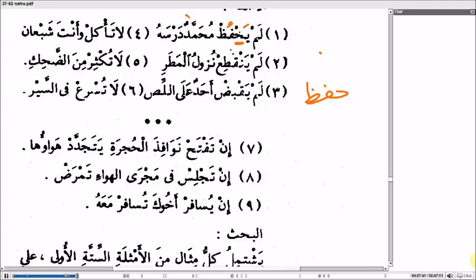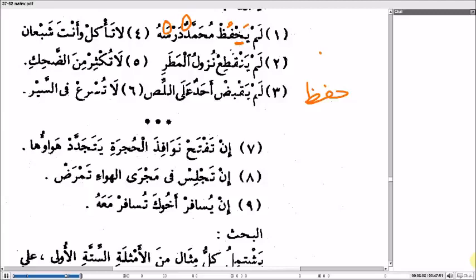So Muhammad is our fa'il, marfu'. He's the doer, he's the fa'il. Lam yahfadh Muhammad darsahu. This is the maf'ulun bihi, mansoob. He didn't memorize what? He didn't memorize his dars. Right?